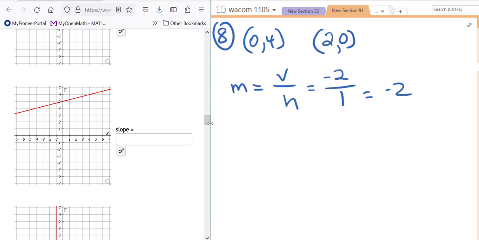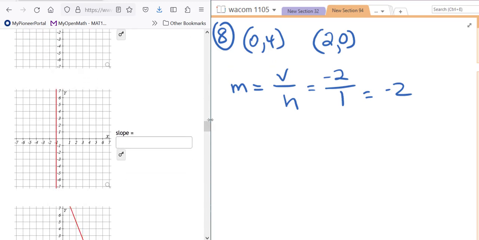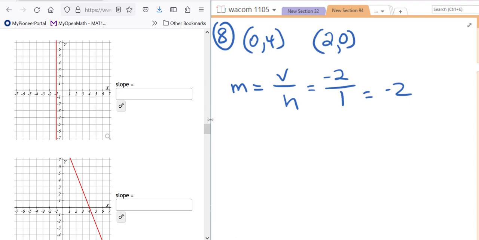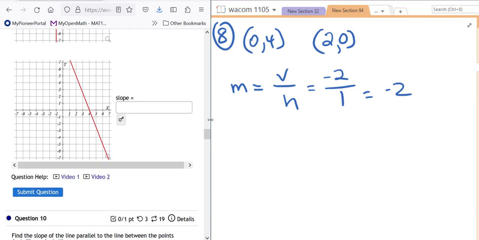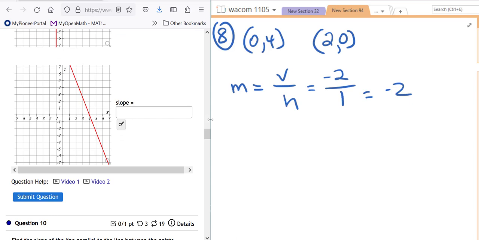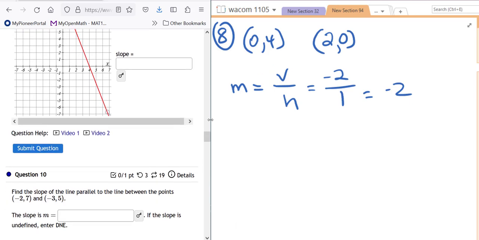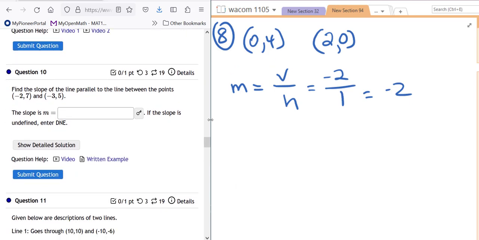This one is another line with positive slope. This vertical line has undefined slope, and that's when you write D and E, but the answer is it's undefined. The next one here is an example of a line with a negative slope. As you go to the right, it goes down. All right, I'm not going to count a bunch on those.